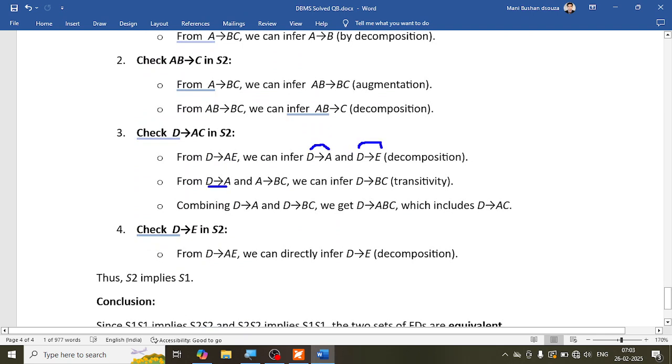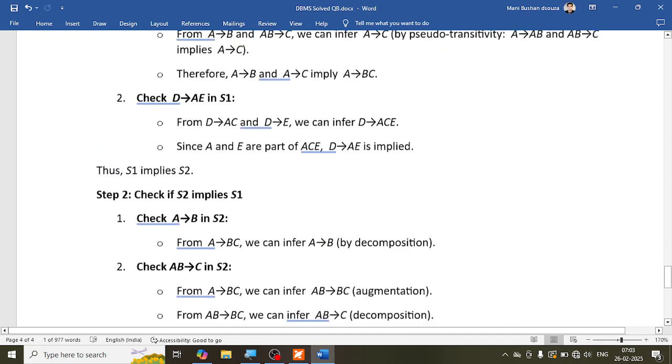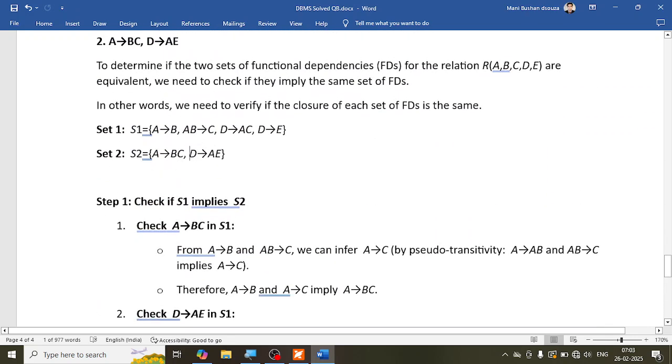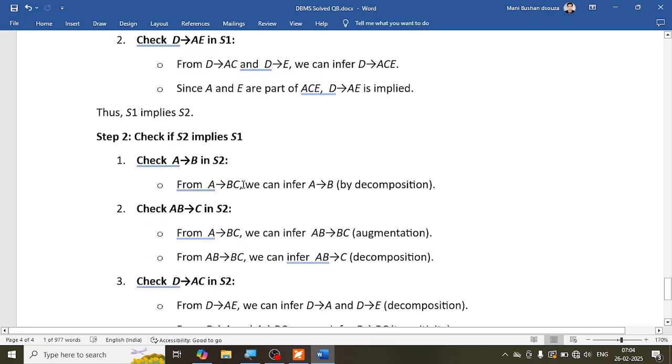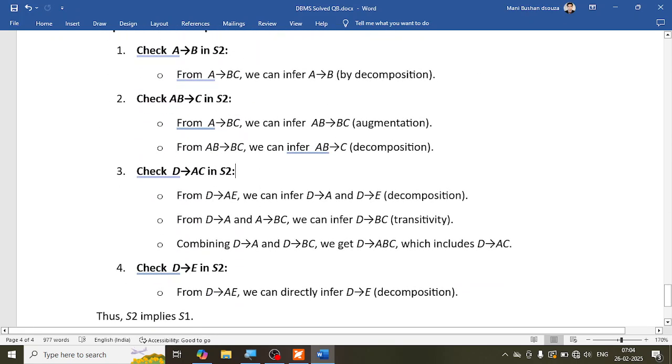So I know that D can derive A, and the second relationship is A derives BC. Now you notice that there is a transitivity. D can derive A and A can derive BC.